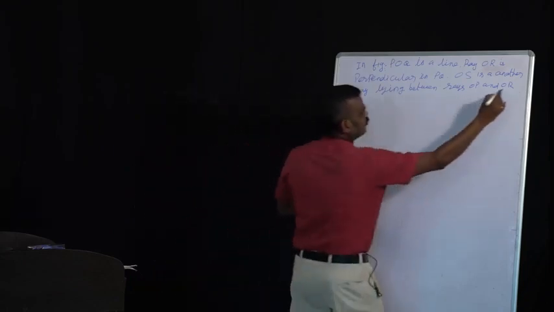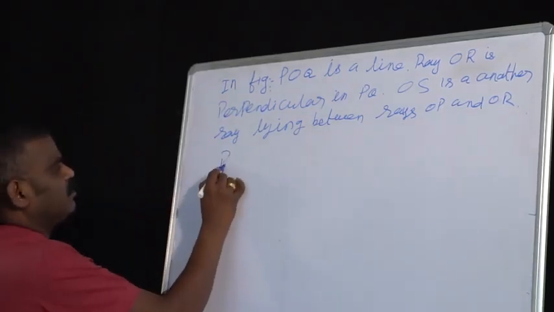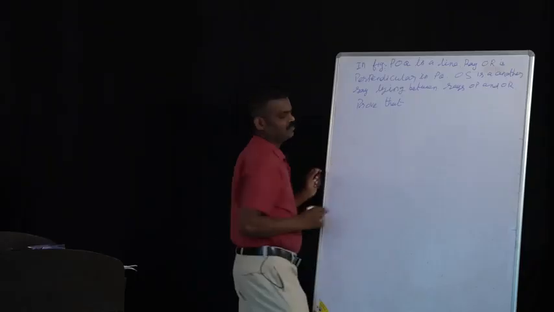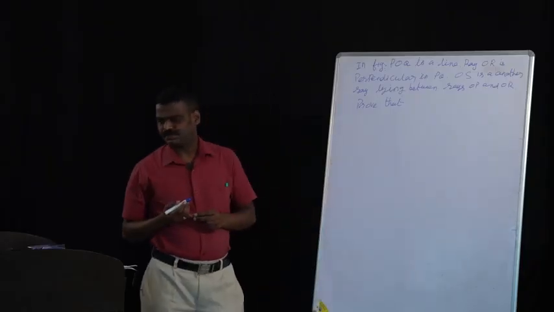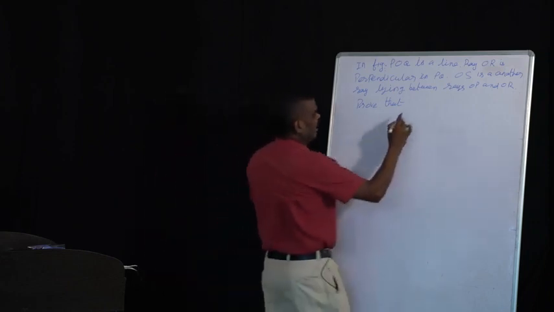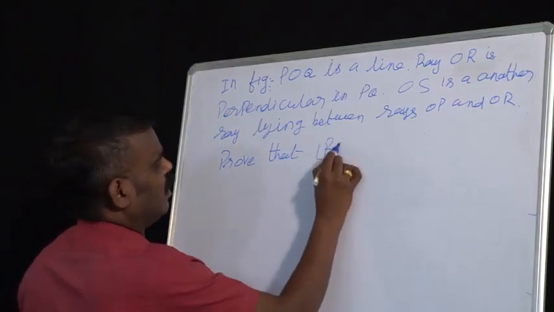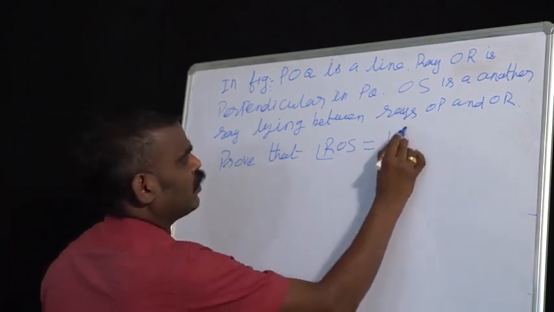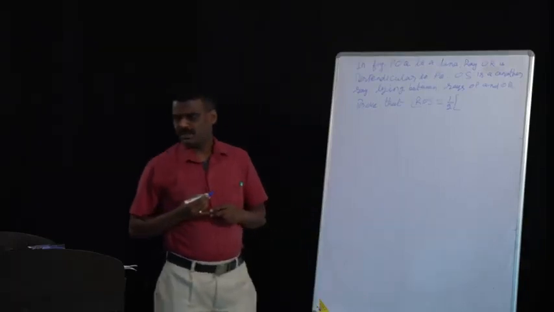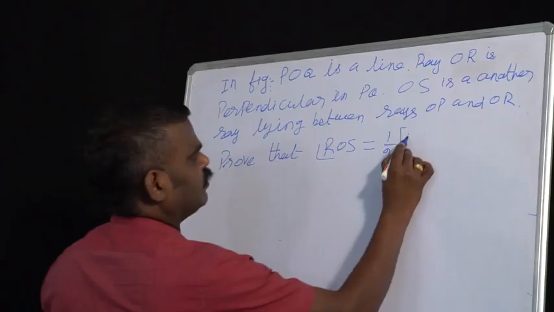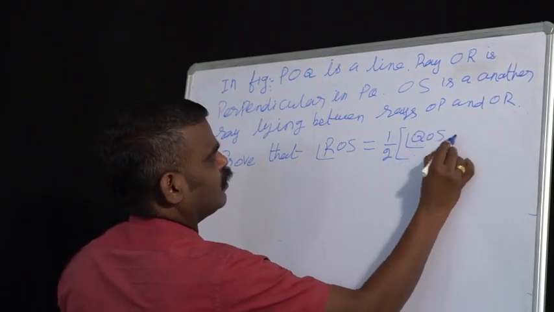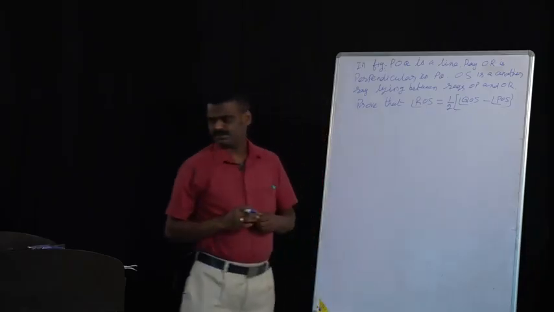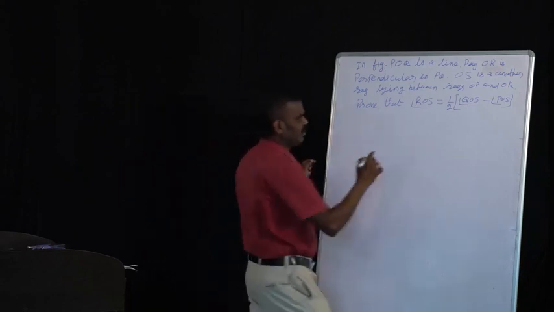Then prove that angle ROS is equal to 1/2 of angle QOS minus angle POS. This is the question's figure.